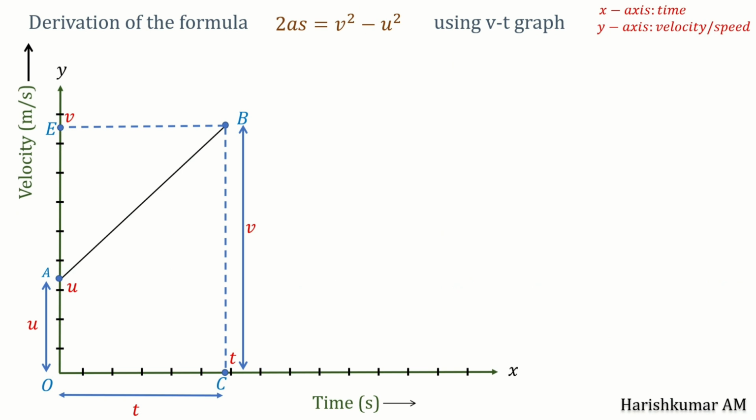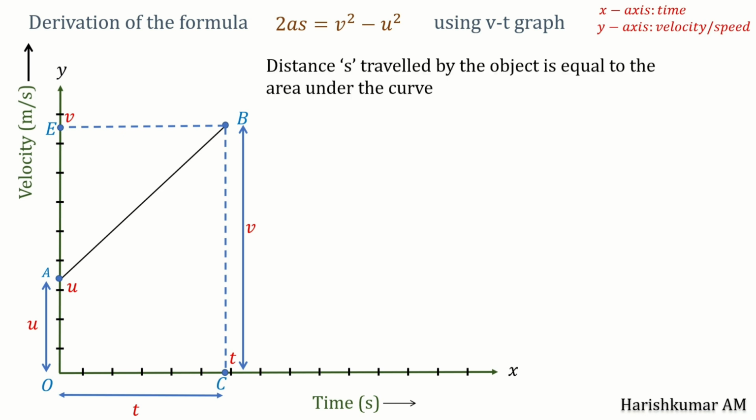Let us derive the equation 2as is equal to v square minus u square. Here also we are going to consider the same situation of an object which is traveling under uniform acceleration. Here, the area under the curve represents the distance traveled by an object.